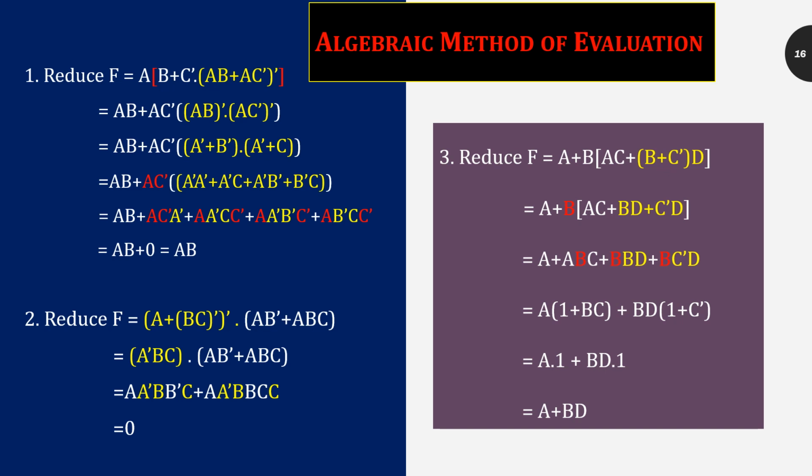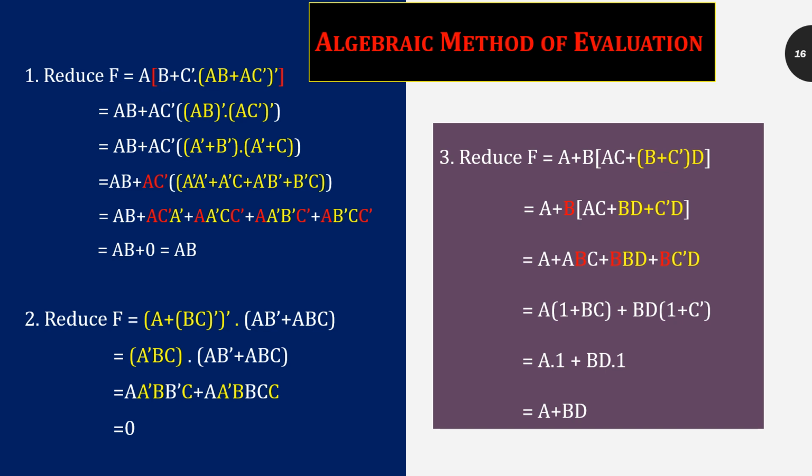After applying De Morgan's law, we get (AB) the whole bar into (AC bar) the whole bar. Again, we can apply De Morgan's law to each term. We get (A bar plus B bar) into (A bar plus C double bar), which is equal to C. Now we apply the distributive law.